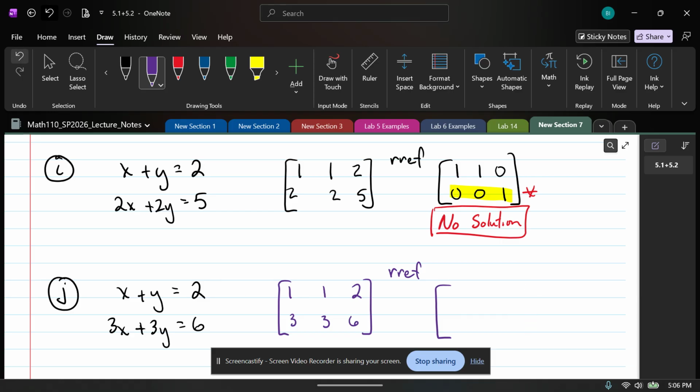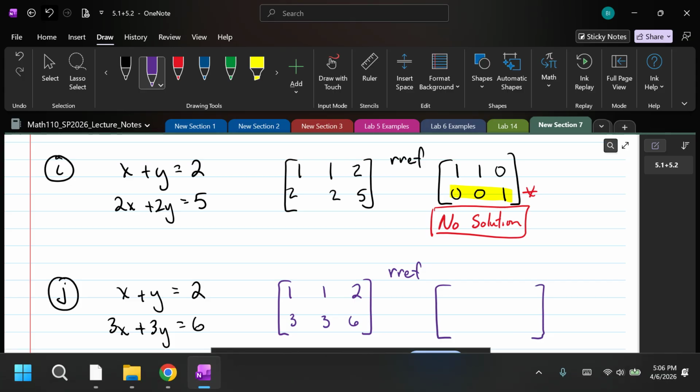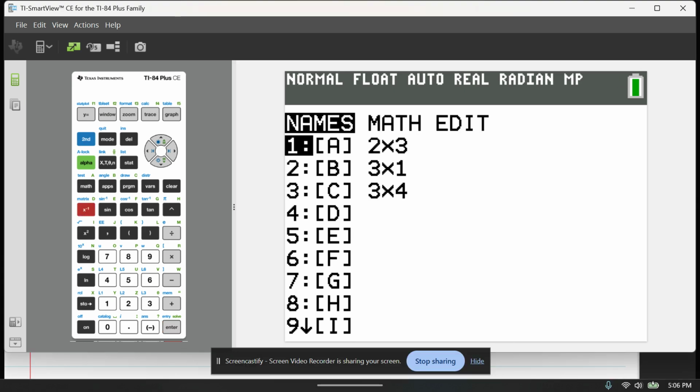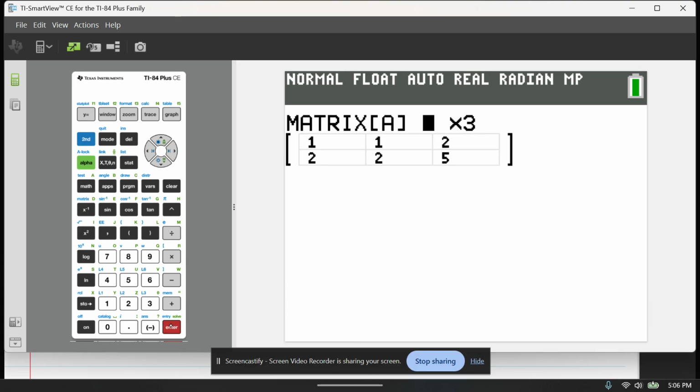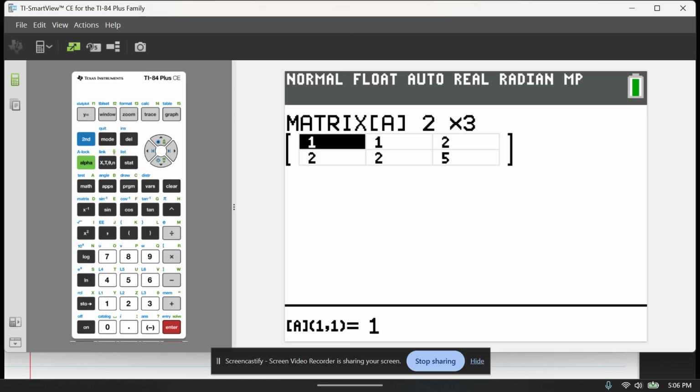And let's see what we get. Second matrix, go to edit, 2 by 3, 1, 1, 2, 3, 3, 6.